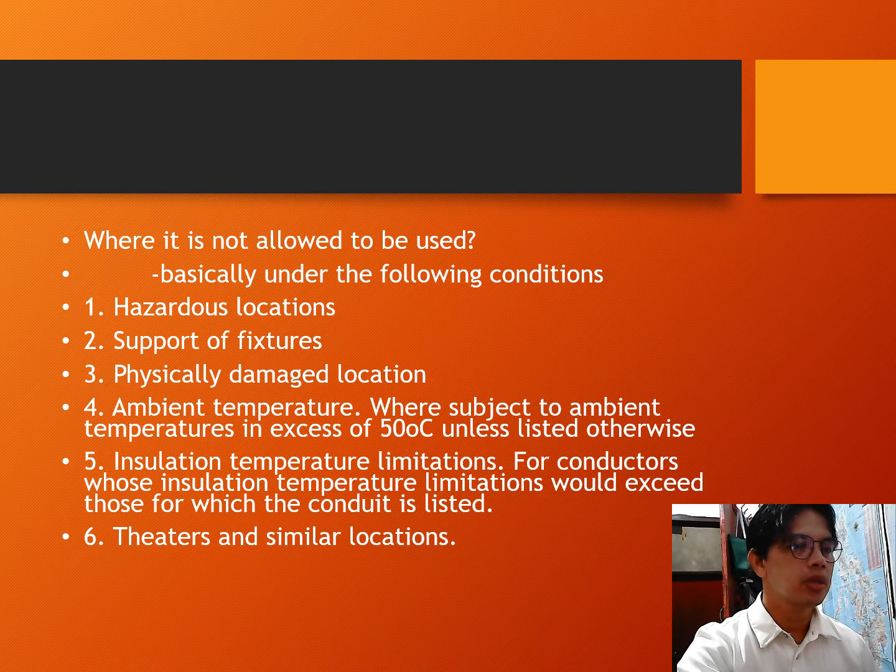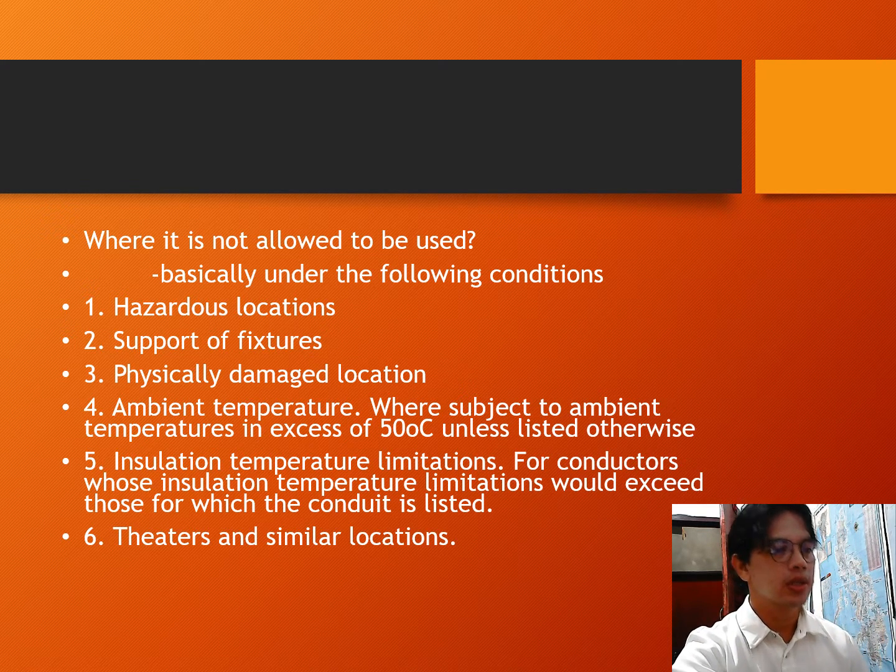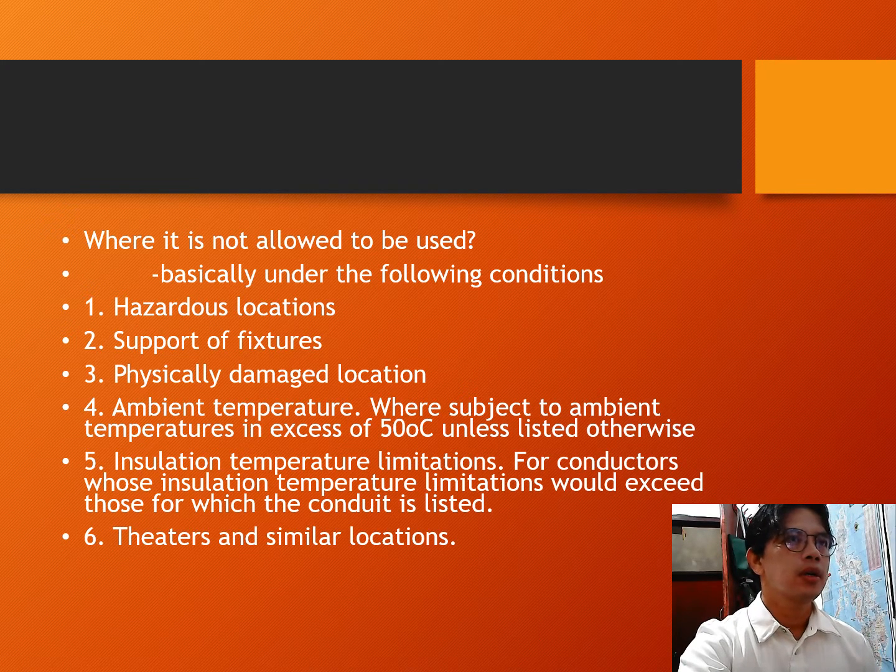Insulation temperature limitation for conductors whose insulation temperature limitations would exceed those for which the conduit is listed, heaters and similar locations. So you have to see to it that there is a proper installation of the PVC.